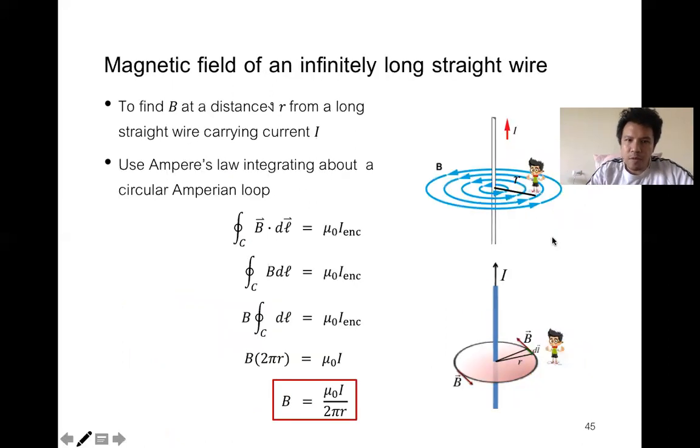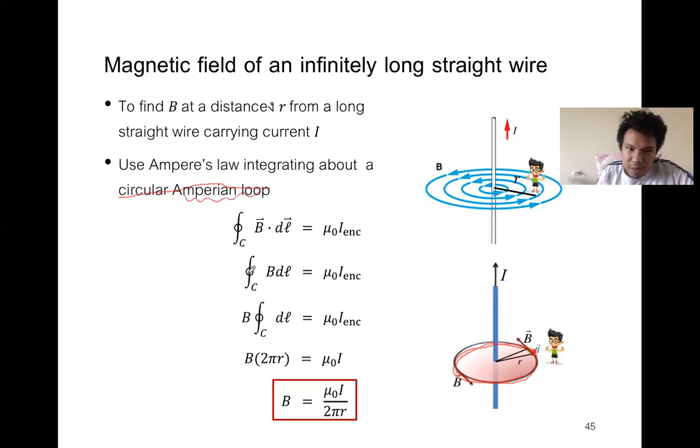So let's have a look at this case again. We construct the circular Ampere loop of radius r, because we want to find the magnetic field at distance r. So this is the Ampere loop.